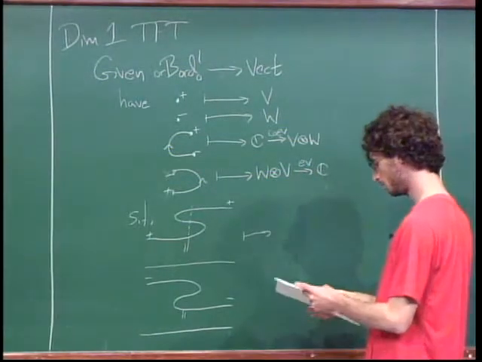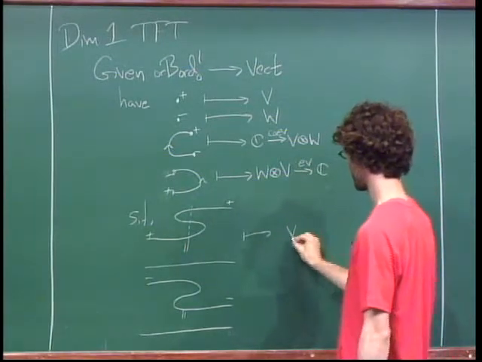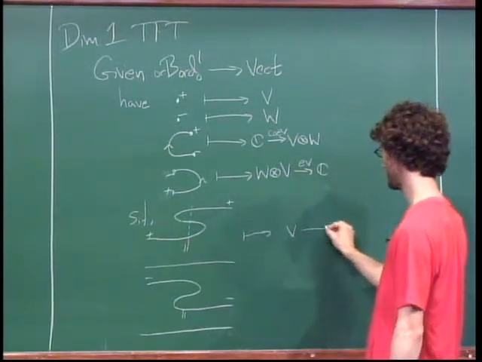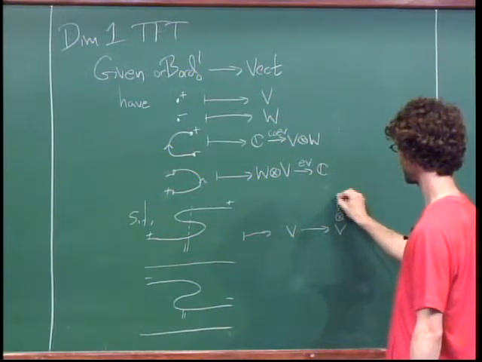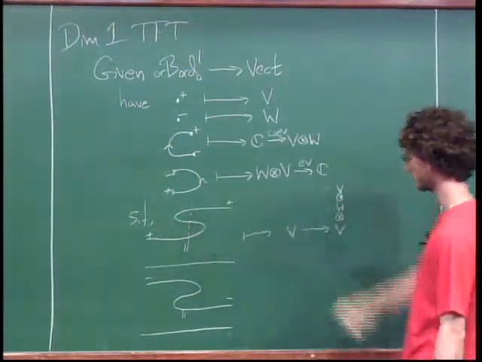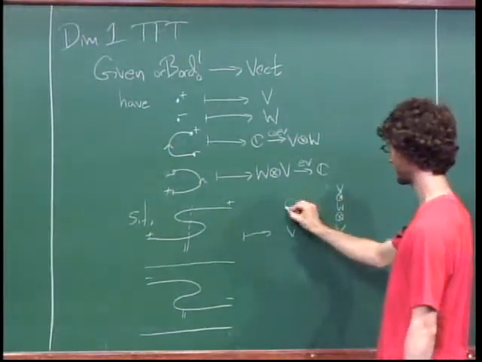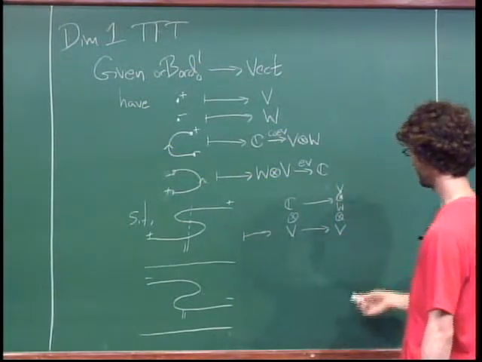And so to start with, I start with my vector space V, and this gets mapped to V tensor W tensor V. I'm going to write it vertically just so it's parallel to that, where I essentially map C into these two factors here.